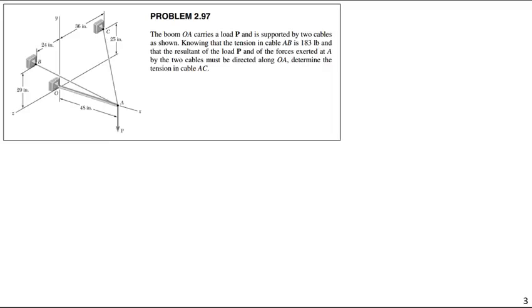Knowing that the tension in cable AB is 183 pounds, and that the resultant of the load P and of the forces exerted at A by the two cables must be directed along OA, determine the tension in cable AC. Now, this looks terrifying, but it's actually not as bad as you might think.